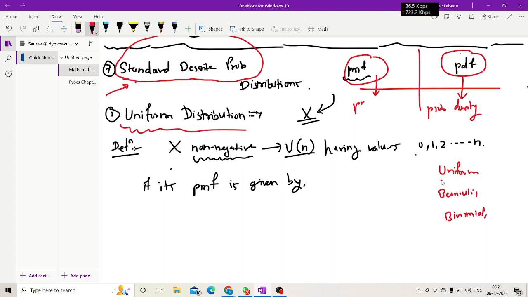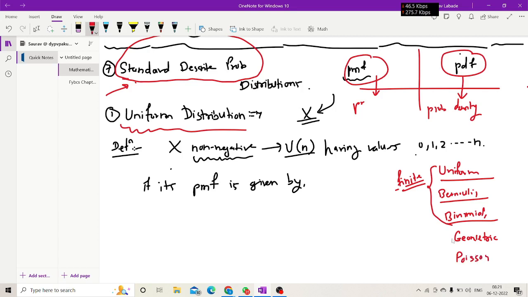Now these, the uniform distribution, Bernoulli distribution and binomial distribution, are all finite distributions. After that we will see one distribution which is called the geometric distribution, and last is the Poisson distribution.